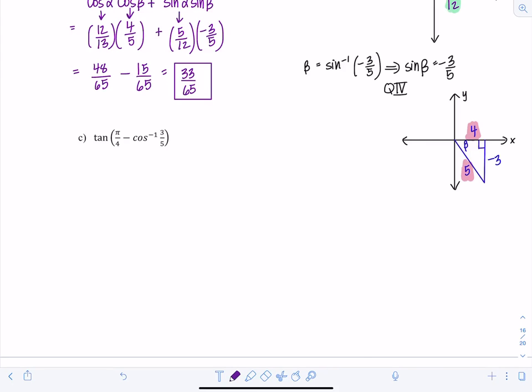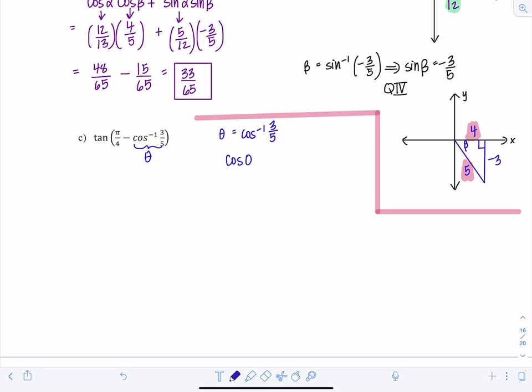There's only one angle that's unknown to me, and it's cosine inverse of 3/5. So let's call that alpha, right? We could call it theta if you want. It doesn't really matter. Let's call it theta. So theta is cosine inverse of 3/5. That means cosine of theta is 3/5. Now cosine inverse lives in quadrants 1 and 2.